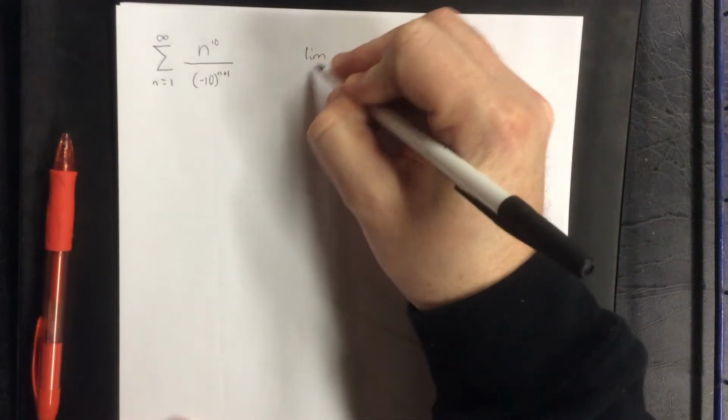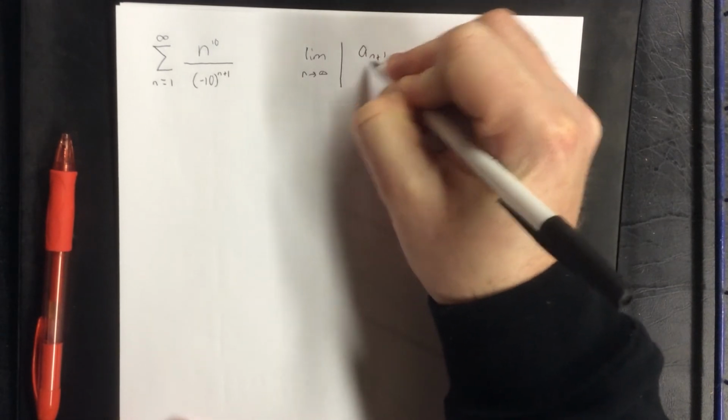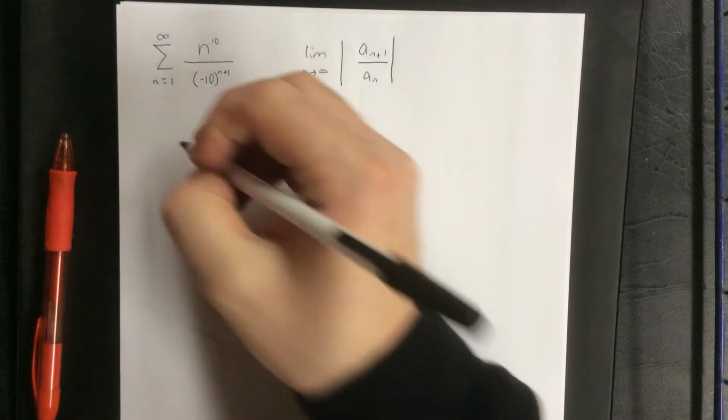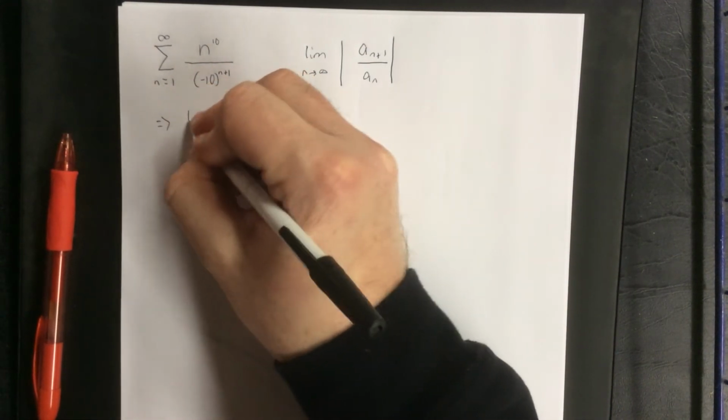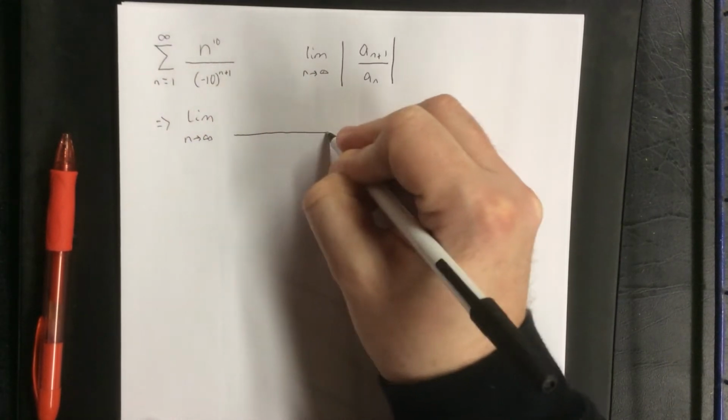So once again, we're going to set up the limit as n goes to infinity of the absolute value of a sub n plus 1 over a sub n. Same as what we did for the last one, we're going to replace all of the n's with an n plus 1, and we'll be taking the limit as n goes to infinity of a very large fraction.